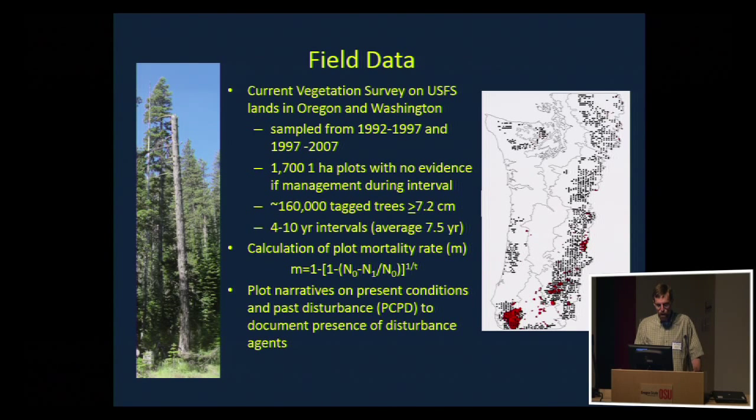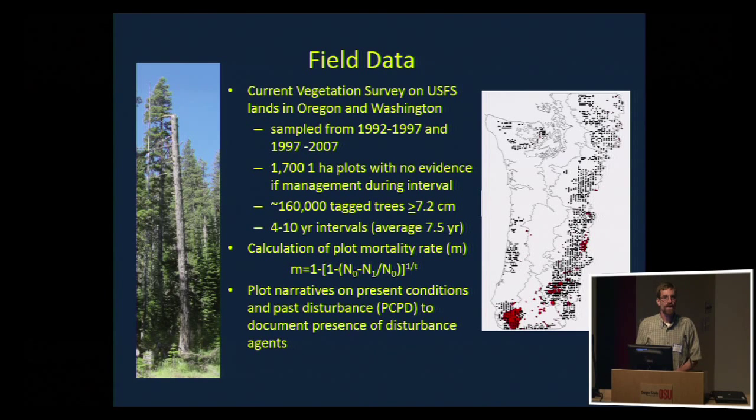For all these plots, each one has a plot narrative that was written when they were installed, on the present condition and past disturbance. I went through about 3,600 of these and took notes on mentions of specific agents of disturbance: disease, pathogens, fire, insects, avalanche, flood, things like that.